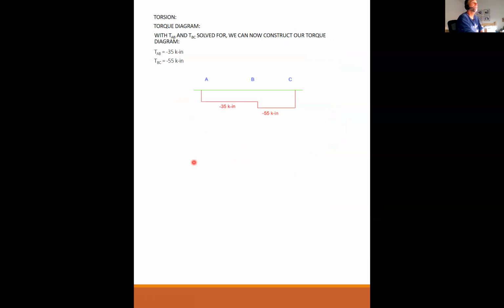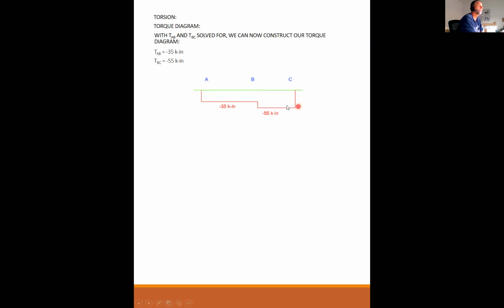So now you draw this. So from A to B, this was 15 inches, and it's a constant minus 35 because there were no other torques in between there. There was no rigidity or fixture in between here, so the torque has to remain constant.